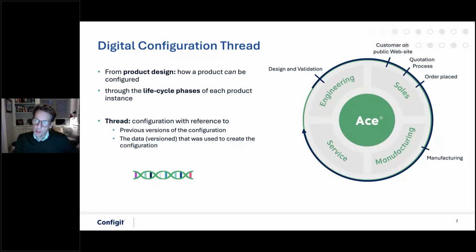When it gets ordered, at some point it gets sent to manufacturing. They may adapt the configuration based on the needs. It could be that depending on where the product is going to be shipped, there might be different ways you want to manufacture it. Then it gets delivered. The product gets deployed.